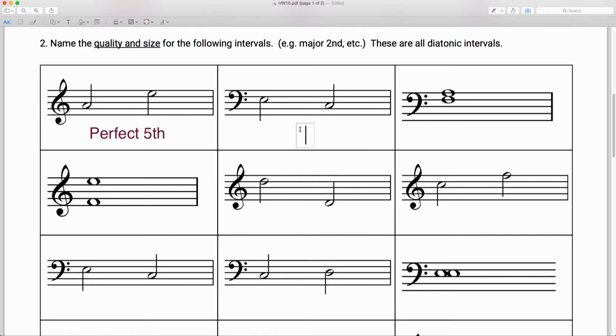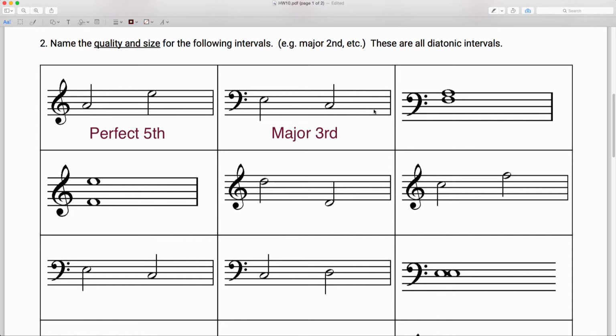Right. The second one, I have 2 notes here, E and C. Tatiana, what do you have for this? Major 3rd. Why major 3rd? Good. You counted a 3rd. And because it's a 3rd, it's major. Well, from the bottom up, then I would more accurately say that it's from C to E. Sure.